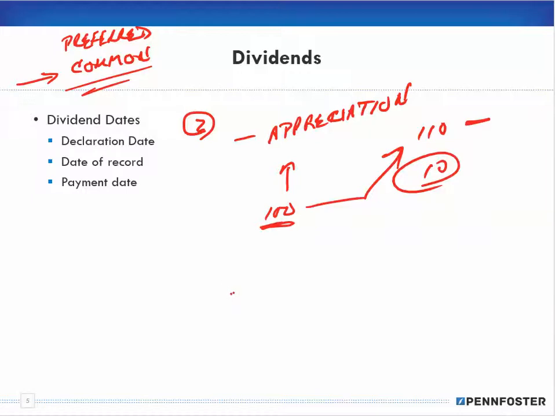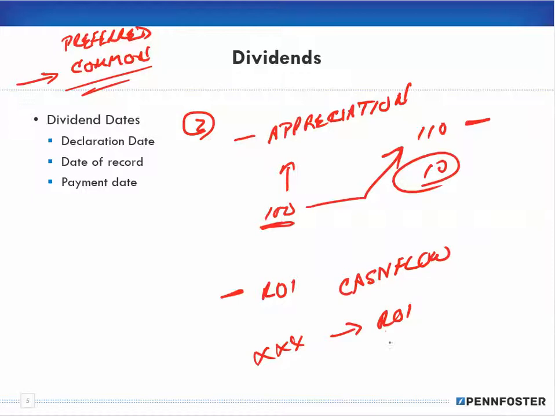The other way they get a return on investment is as cash flow. Meaning I invest X number of dollars, and I expect a return on my investment aside from appreciation.